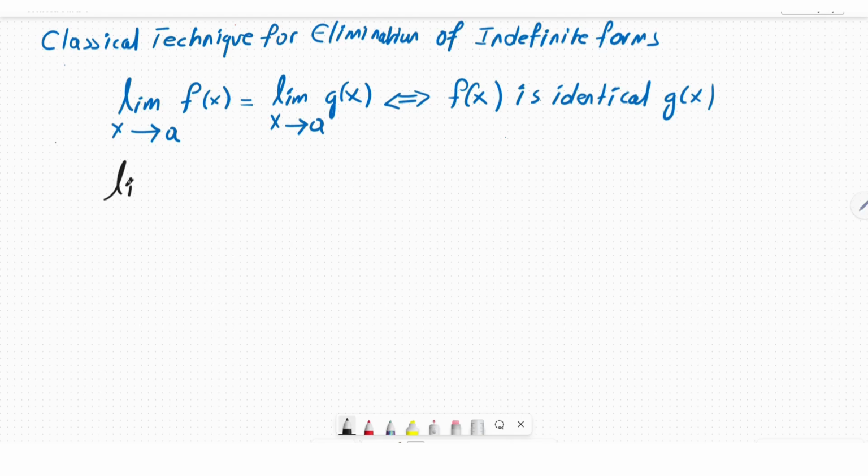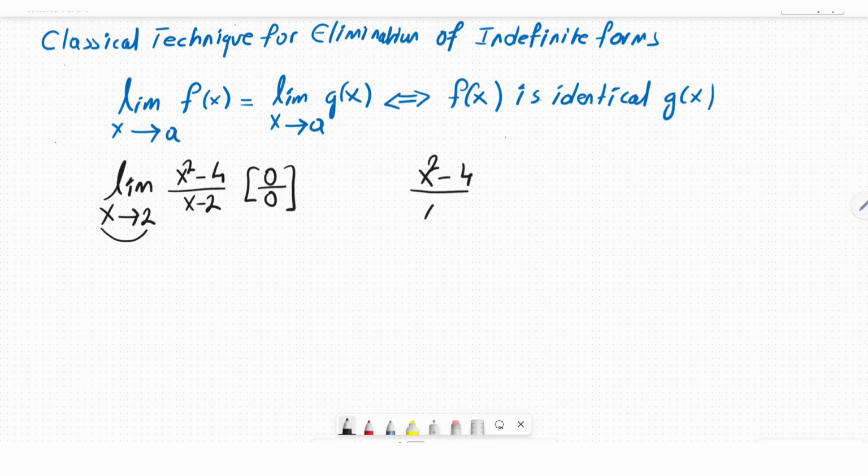Consider this example. Limit as x goes to 2, x squared minus 4 over x minus 2. So as you see, we got 0 over 0 indefinite form when we substitute x is equal to 2 into our function. First of all, let's try to find an expression which is identical to our function given in the question.